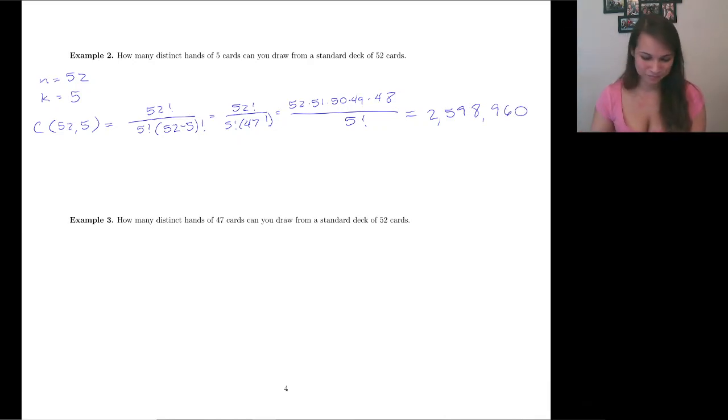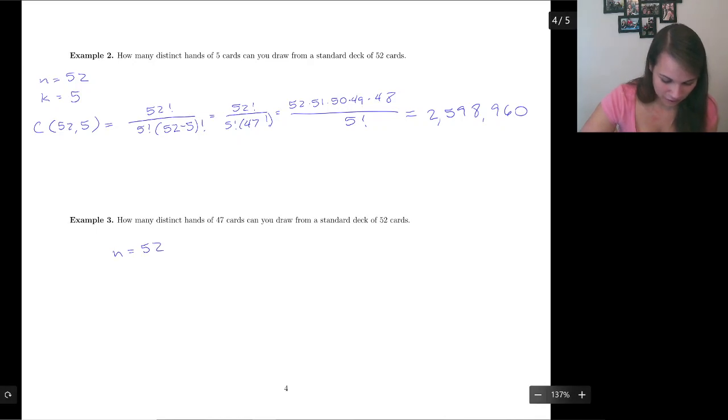Same number. Let's do this again for 47 cards. If you're allowed to draw 47 cards, how many combinations can you get? So n is 52, k is... not 5, we're talking about 47 now.